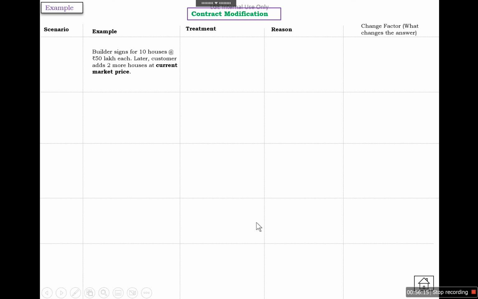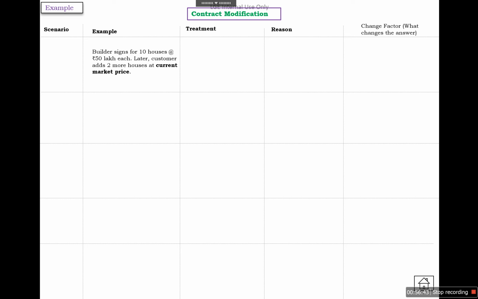So let's further decode it. Suppose a builder signs a contract for 10 houses, and later the customer adds two more houses at the current market price. In this case, we need to check whether these two houses are distinct goods. Yes, they are distinct goods because they can be used separately.